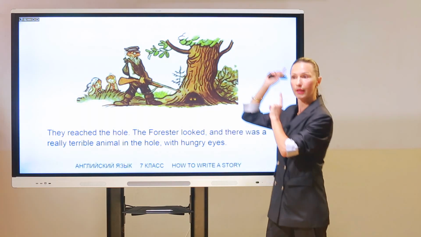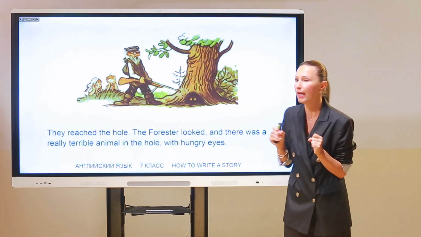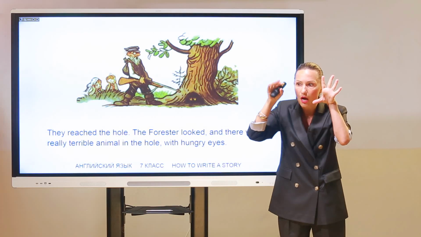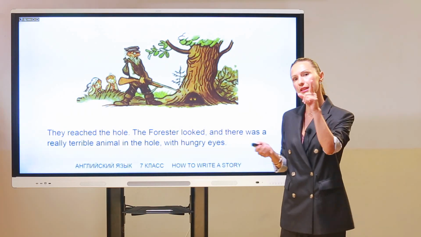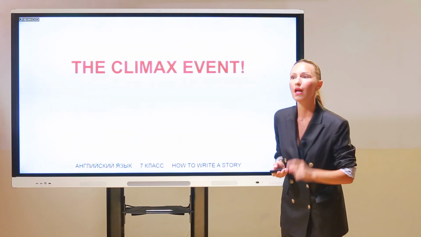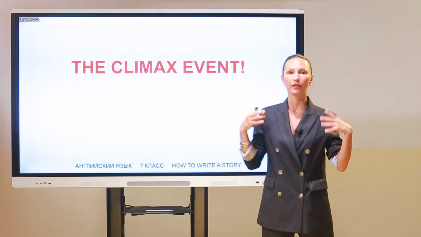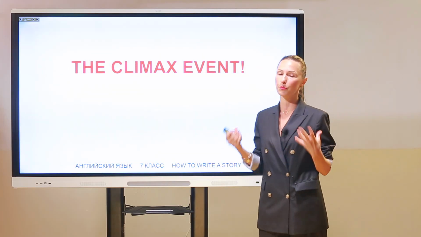The forester looked, and there was a really terrible animal in the hole. Really terrible animal in the hole with hungry eyes. Okay? So what happened after? Is it interesting? And after, this is the climax event, something very important, something which makes our story interesting.